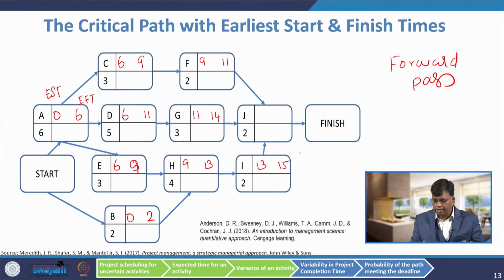For activity J, you see there are 3 possibilities, 11, 14, 15. So, we have to take the maximum value. So, 15. So, 15 plus 2 is 17. So, now I have got earliest start time and earliest finish time for all the activities. So, that is called forward pass.